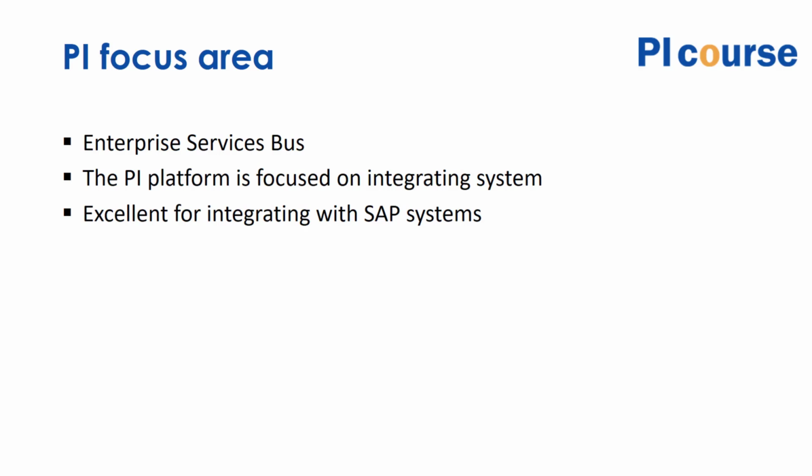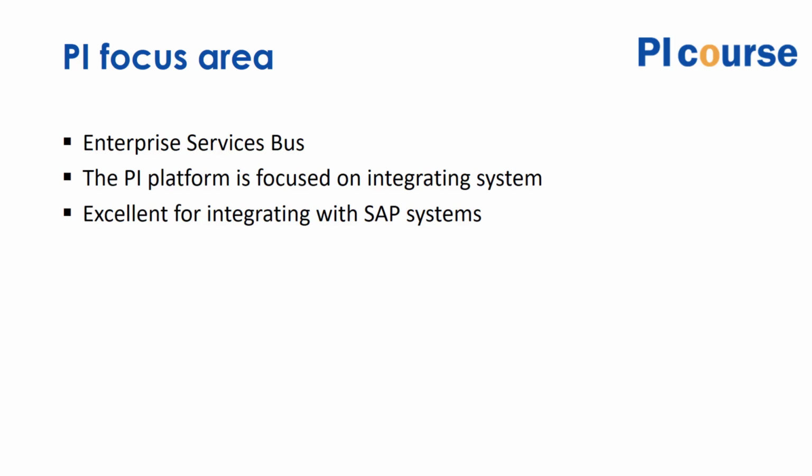So PI is the focus area, and PI consists of two things. It's an enterprise service bus, an ESB. Enterprise service bus is a concept where you can put a message, it would be persisted there, and then it's this bus's responsibility to deliver the message wherever it needs to be delivered.